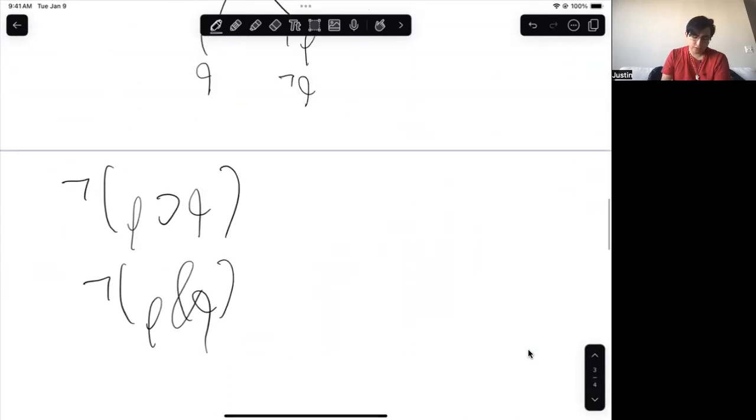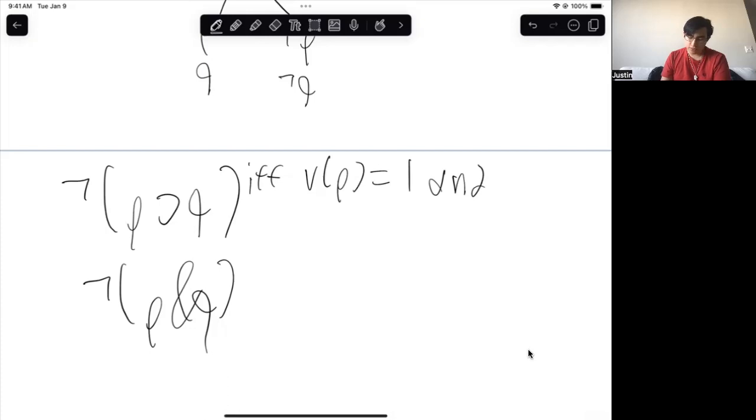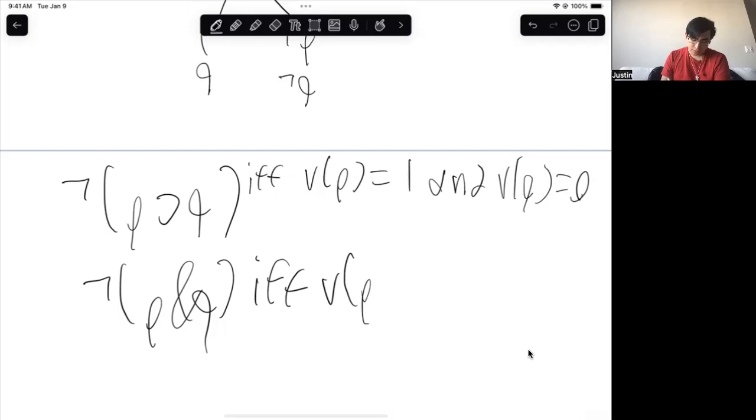The conditional is false if and only if the value of P is true and the value of Q is false. And the conjunction is false if the value of P is false or the value of Q is false.